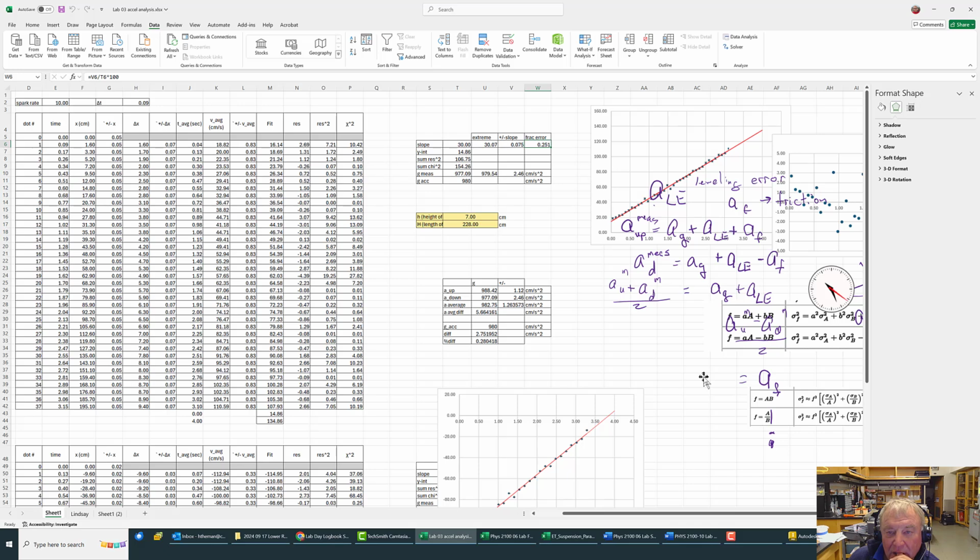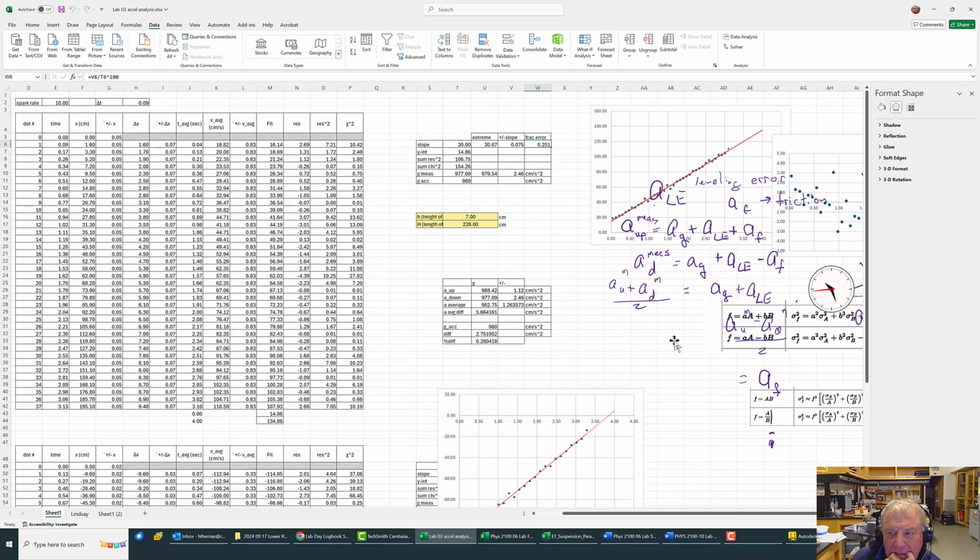Nice. And then the difference told us that, so that's interesting. I wondered if there was a way to get rid of the leveling error.